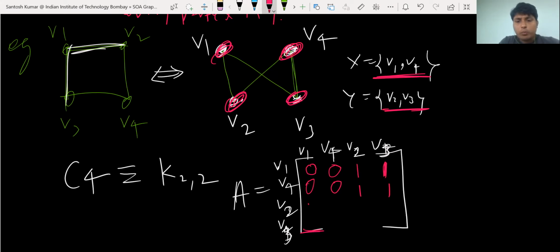V2 with V1, 1, V2 with V4, 1, V2 with V2, 0, V2 with V3, 0. V3 with V1, 1, V3 with V4, 1, V3 with V2, 0, and V3 with V3, 0. So this is the adjacency matrix corresponding to this graph K22, or you can say C4.